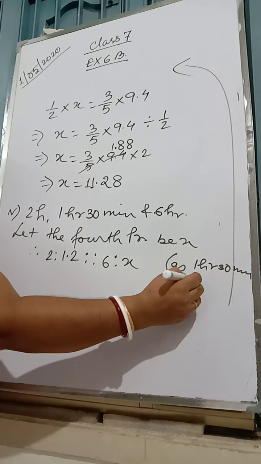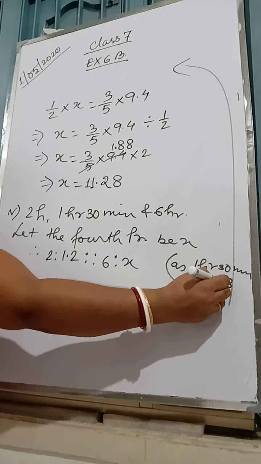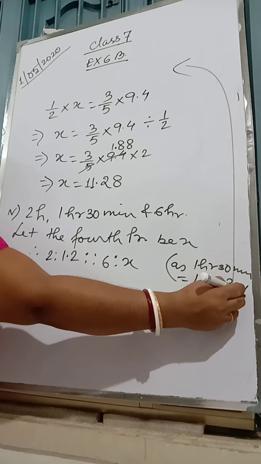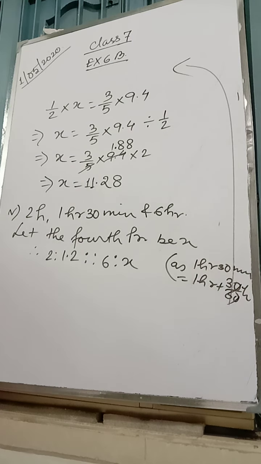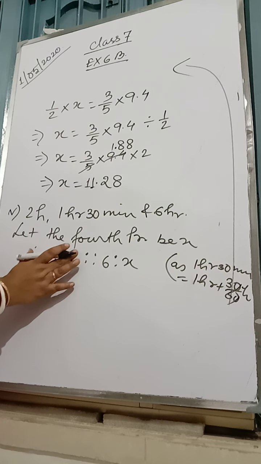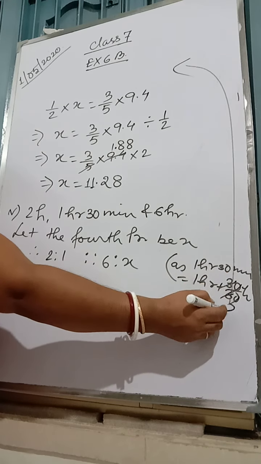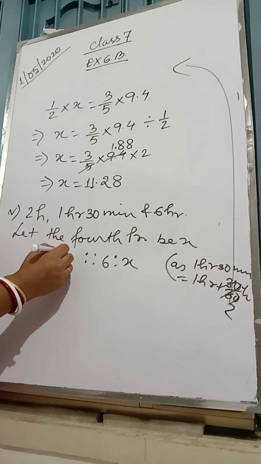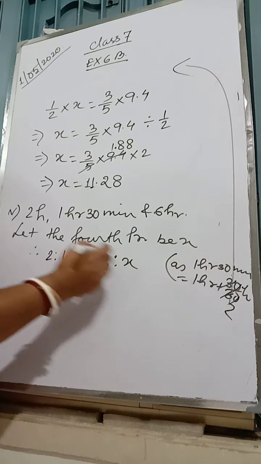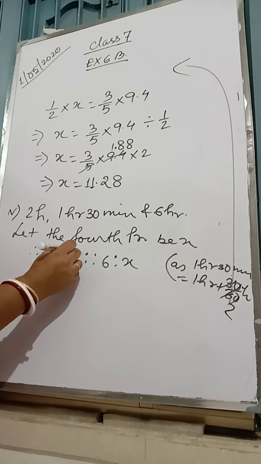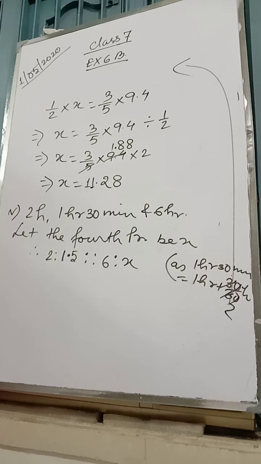1 hour 30 minutes is equal to 1 hour plus 30 by 60 hours. It gives you 1 whole 1 by 2, or if you write it, it gives you 1.5 hours.